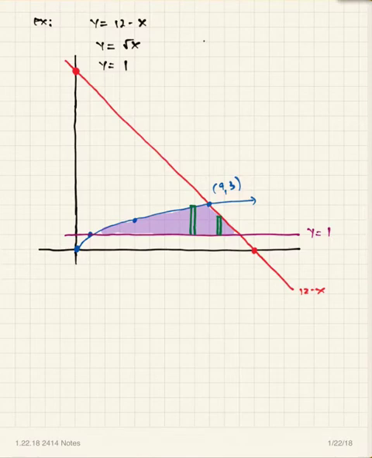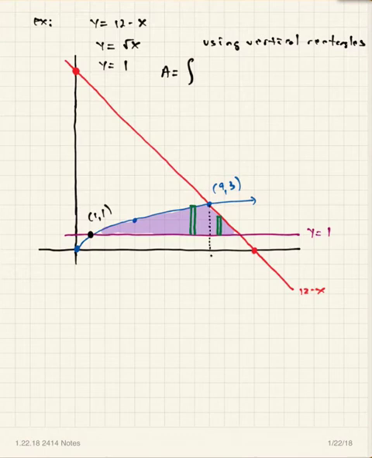So I'm going to write that up here. Using vertical rectangles, the area in this particular problem would be the integral from this point of intersection, which is at 1, 1. This point of intersection is at 9, 3, so that's when x is equal to 9 right there. And then finally, this point of intersection right here is at 11, 1.